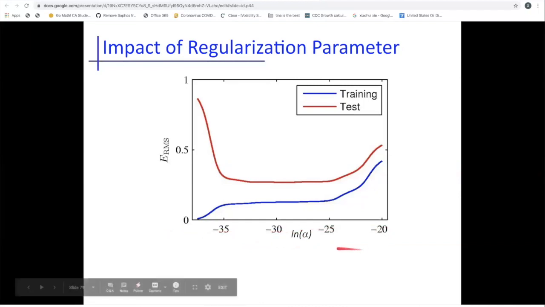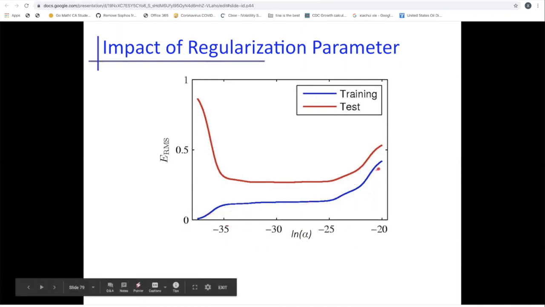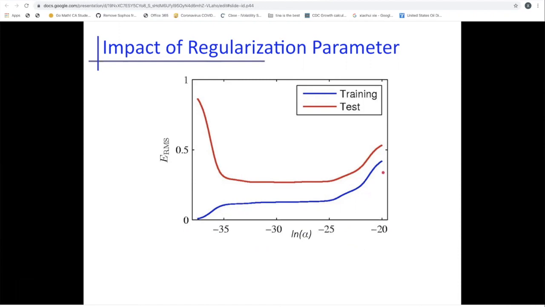As a result, the bigger the alpha you impose on the regularization terms, the worse your training performance gets. The reason is this: the higher the alpha, the higher the penalty term. When you impose a penalty term in your loss function, you're trying to minimize not only your fit to your data, but also to make the parameters smaller.